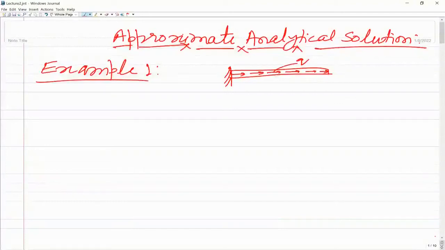Let us say that q is constant throughout the length, and the product of Young's modulus and cross-sectional area, that is EA, is also constant. This is the x coordinate, and in the same direction we measure the displacement. As I already said, EA and q are constant along x, so they do not change along the length of the rod.